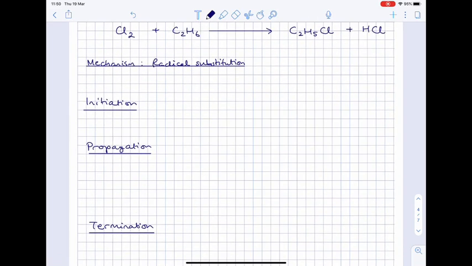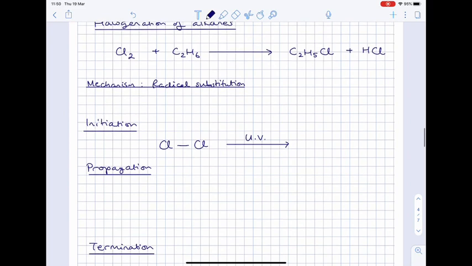So that is when the halogen-halogen bond, in this case chlorine to chlorine bond, is broken by UV light, as it is weaker than the carbon-hydrogen bond. So it's not the carbon-hydrogen bond that breaks, it is the halogen-halogen bond. So we write UV on the arrow to show the conditions. In fact, I can write it on the overall equation there.